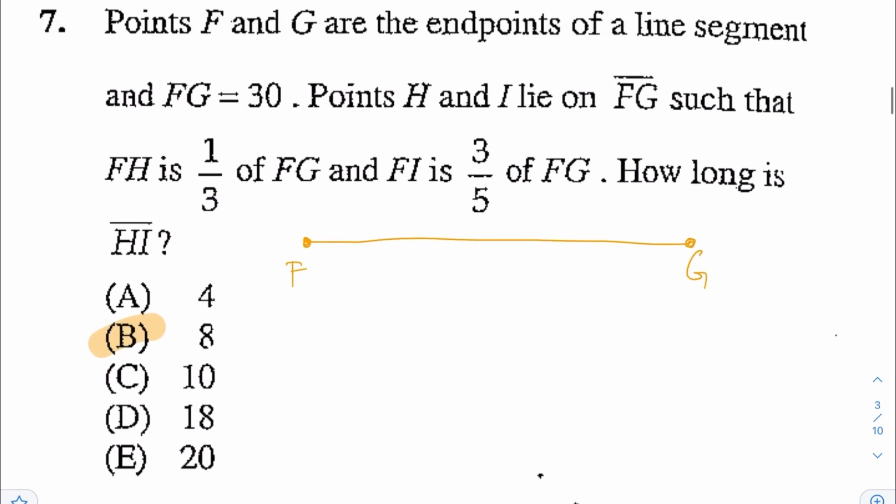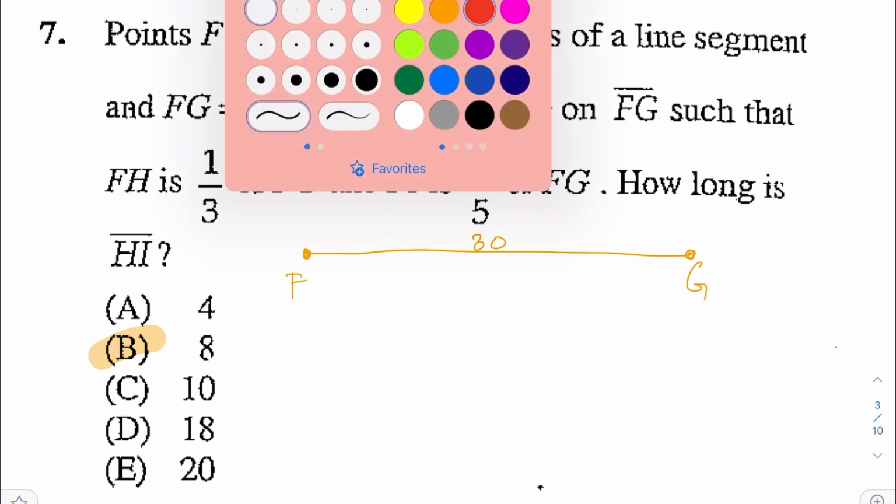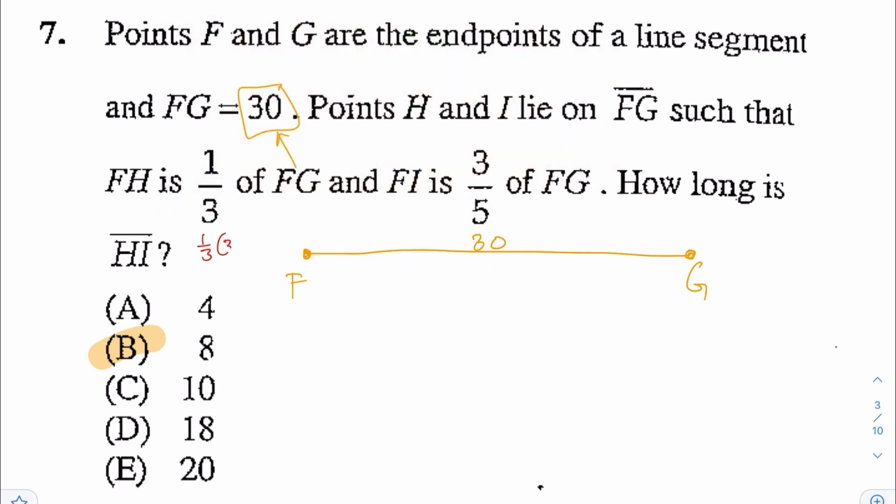And here the length is 30. Now, H and I are on here such that F to H is 1/3 of FG. Well, FG is 30. So 1/3 of 30 is equal to 10. So that means that F to H has to be 10, and then H to G has to be 20.